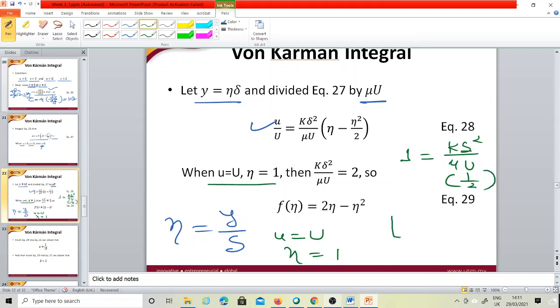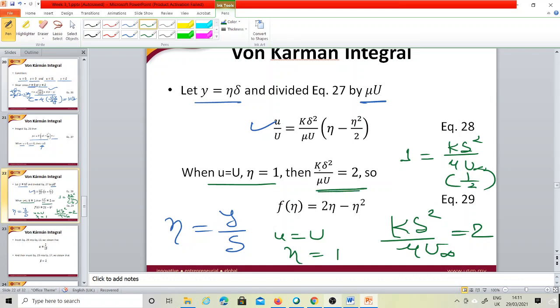So it means that k delta square over mu U should be equal to 2.